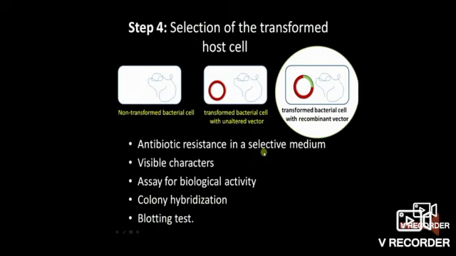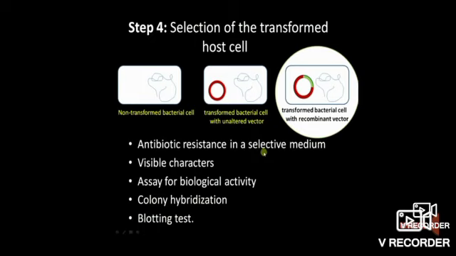So they can grow these cells in a selective medium with that particular antibiotic. Those cells which grow there are the transformed cells. They grow there because they don't die of the antibiotic. They can survive even in the antibiotic medium because they have a gene already in them by which they can resist the antibiotic stress and still grow on that media.